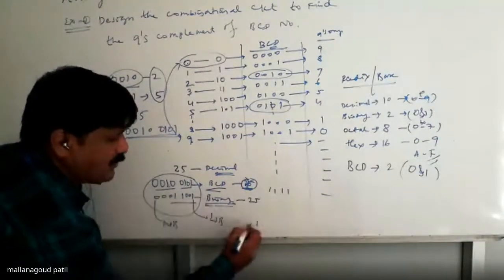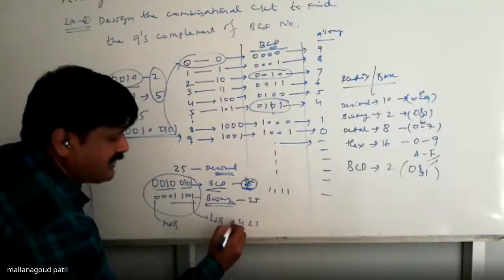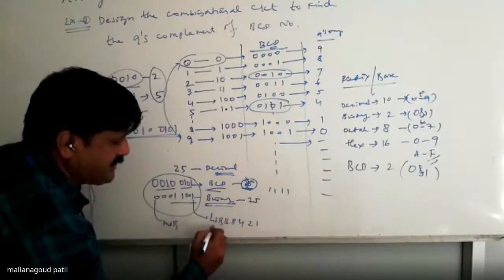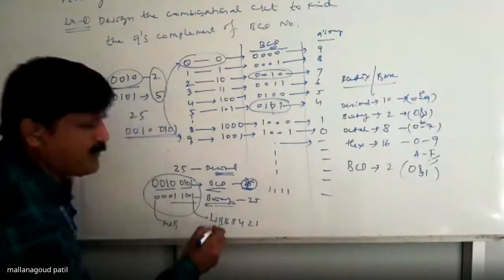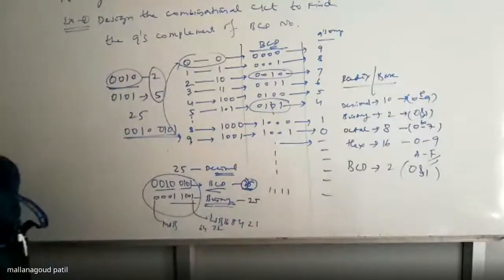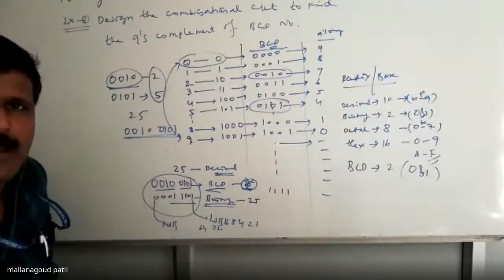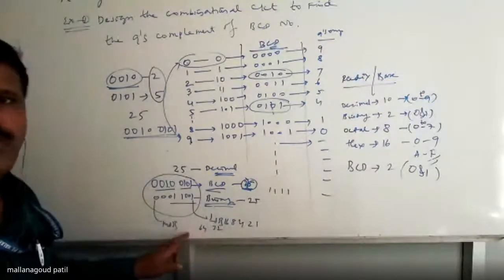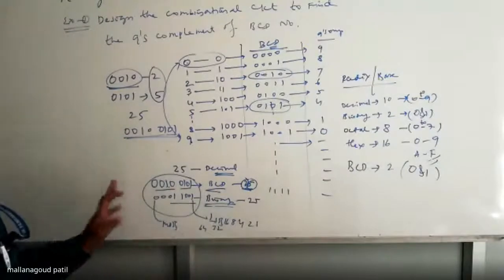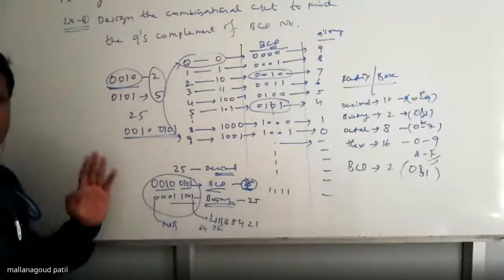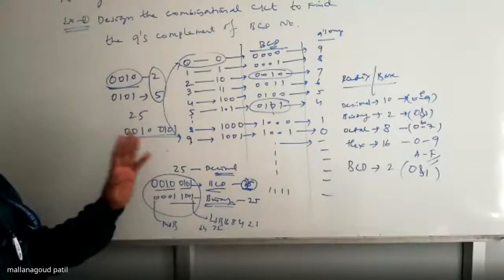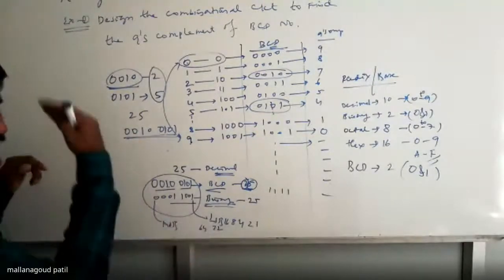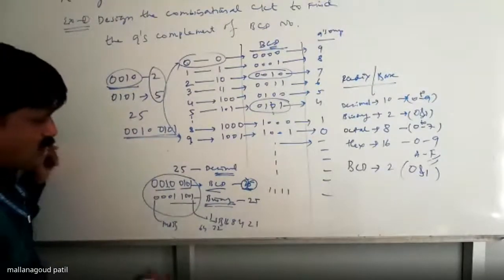The next position will be 2, next is 4, next is 8, next is 16, next is 32, next is 64. Every time it will double. 1, 2, 4, 8, 16, 32, 64, 128, 256, 512, 1024. That is 1K, 2K, 4K, 8K, 16K, 32K, 64K. Like that it is.